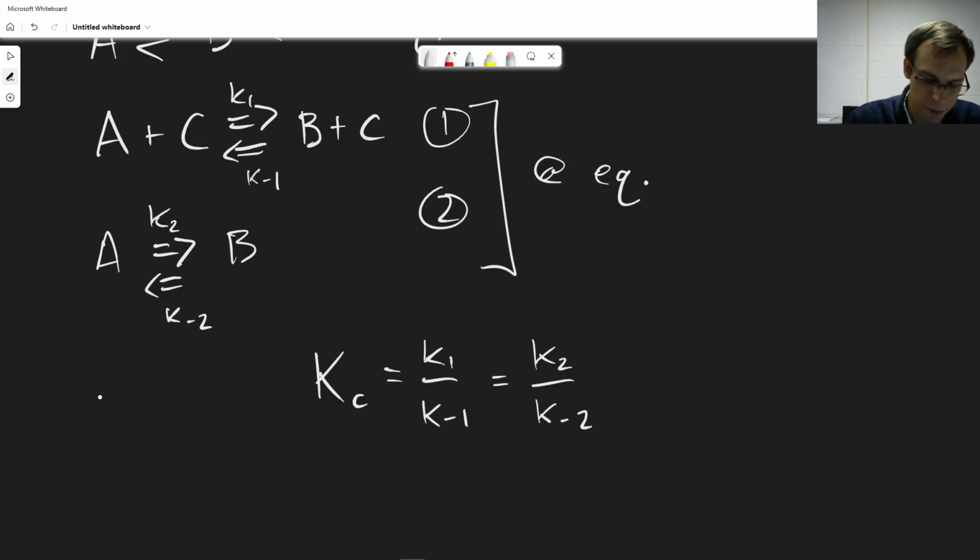Because in the case of our first step with the catalyst, even though the catalyst shows up in the rate law, because it shows up in both the forward and reverse directions, it cancels out and doesn't show up in the equilibrium constant expression. And for the second step, it's basically the exact same thing we just looked at for the original example that didn't have the catalyzed reaction as a possibility.